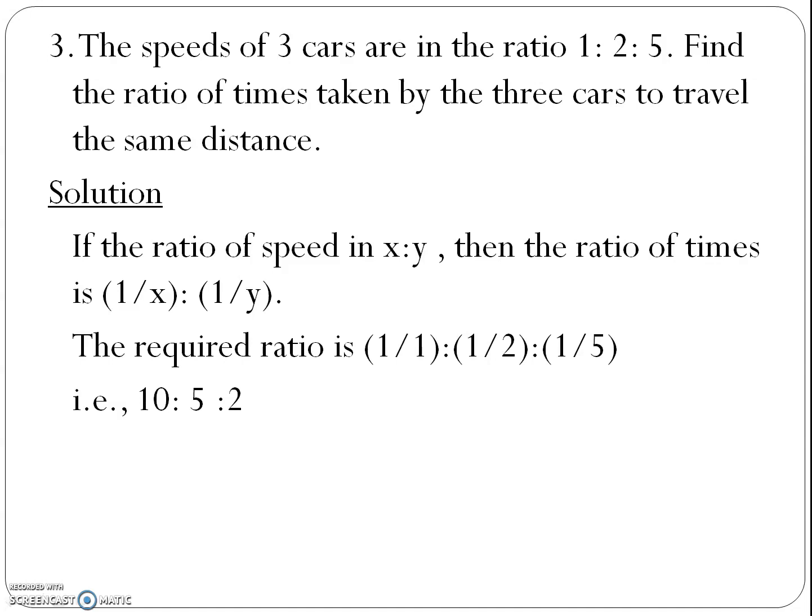Here, the required ratio will be 1 by x is to 1 by y is to 1 by z, where x equals 1, y equals 2, and z equals 5. Therefore, the required ratio is 1 by 1 is to 1 by 2 is to 1 by 5. Multiplying throughout by 10, the required ratio is 10 is to 5 is to 2.